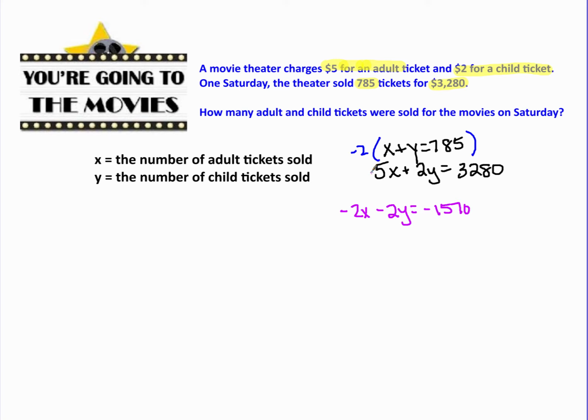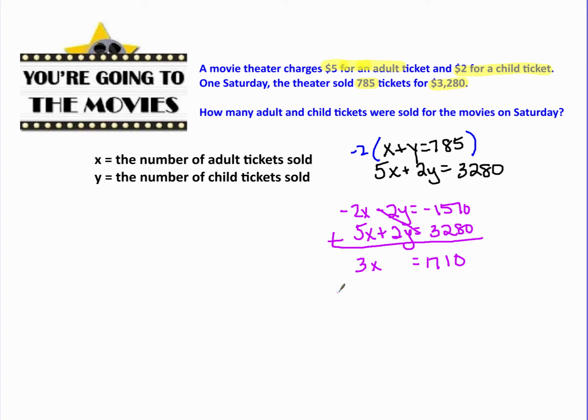And I'm going to copy down my second equation underneath: 5x plus 2y equals 3,280. Then I'm going to add those two equations together. When I do that, my y variables cancel, and I'm left with 3x is equal to 1,710.